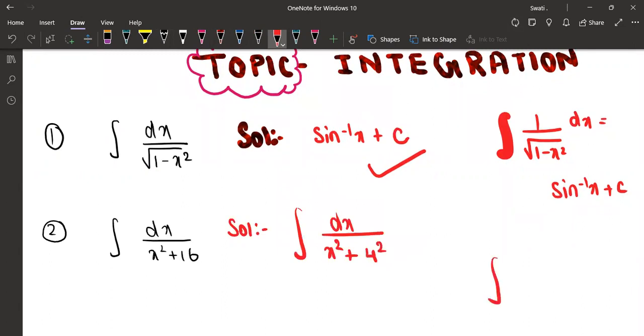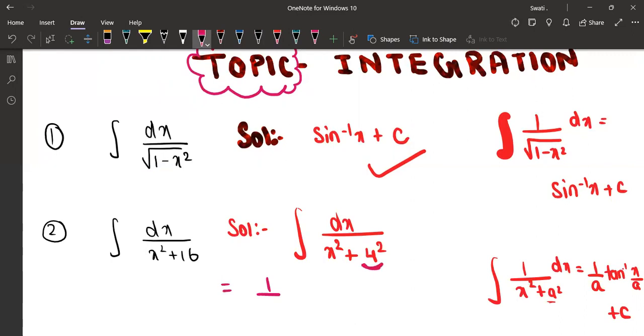The formula is: integration of 1 upon x square plus a square dx has the formula 1 upon a tan inverse x upon a plus the constant of integration. What is a here? A is this one, right? Here a is not 16, here a is 4.